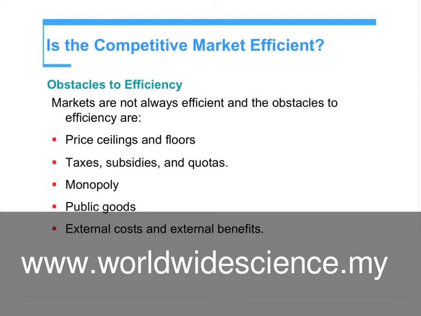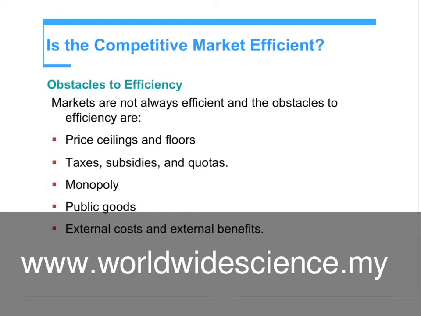Underproduction is producing less than what you should produce, and overproduction is producing more than you should produce. So obstacles to efficiency lead to underproduction and overproduction and create a deadweight loss, a decrease in consumer and producer surplus. Because of the hurdles and obstacles to an efficient market, we'll have these problems.